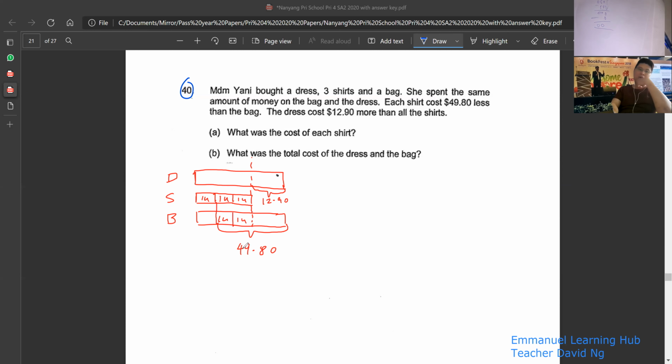Oh, okay. 49.8 is 2 units and this one. Then this amount is 12.90. Can you see? Okay. 49.8 is 2 units and 12.90. From the model, you can tell. So 2 units is... what's the answer? 49.8 minus 12.90.